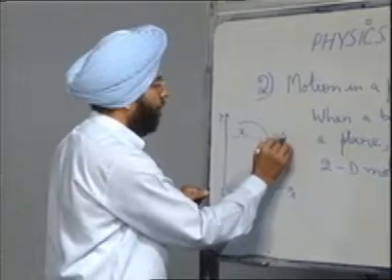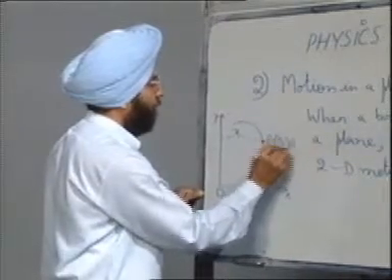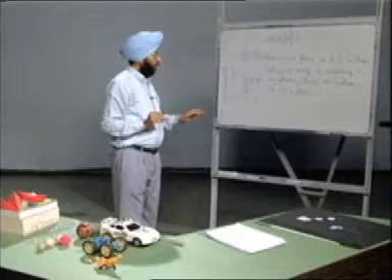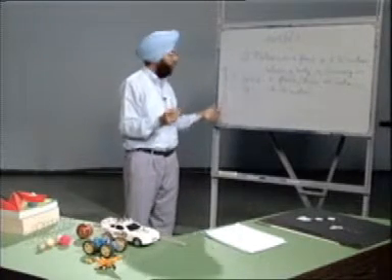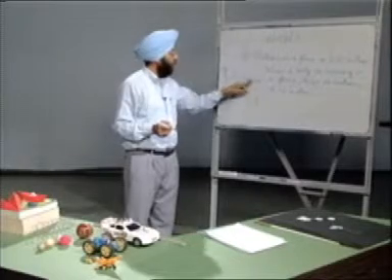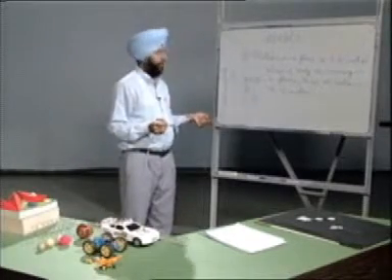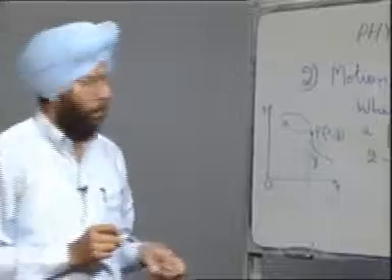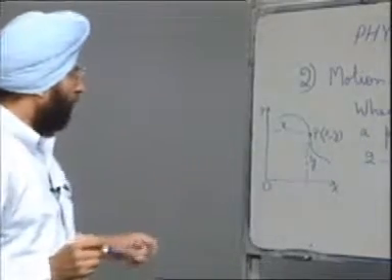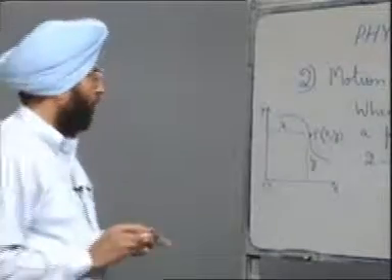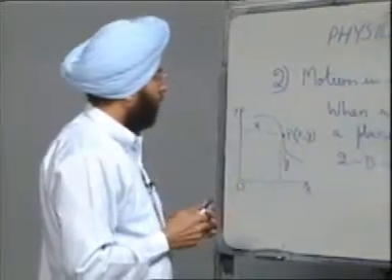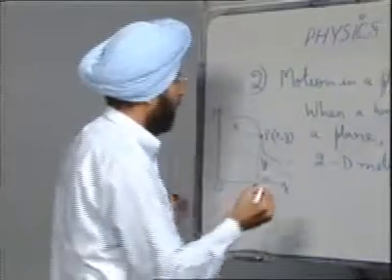So, we have the x and y coordinates of point P. To fully define the motion of the tip of the pen on the board, we need two coordinates. Then we call this type of motion two-dimensional motion.